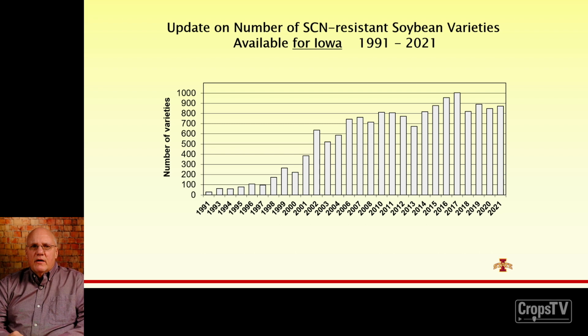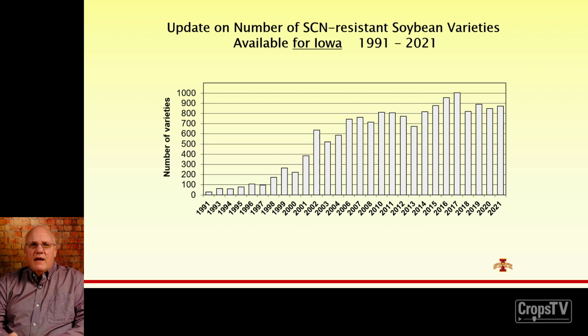And here you see a bar graph of the number of SCN-resistant varieties that were available for farmers to grow in Iowa from 1991 all the way up until this year. We update the publication, the list, in the fall every year. And so the most recent publication, which I'll show in a minute, was just put out online in October of this year, I should say of 2021.